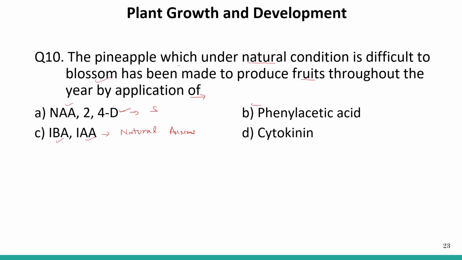These ones are synthetic auxins. The last option is cytokinin. What is cytokinin? It helps in cell division and delay in senescence. So the correct answer is option A. Synthetic auxins are used so that the pineapple can blossom, it can produce flowers.